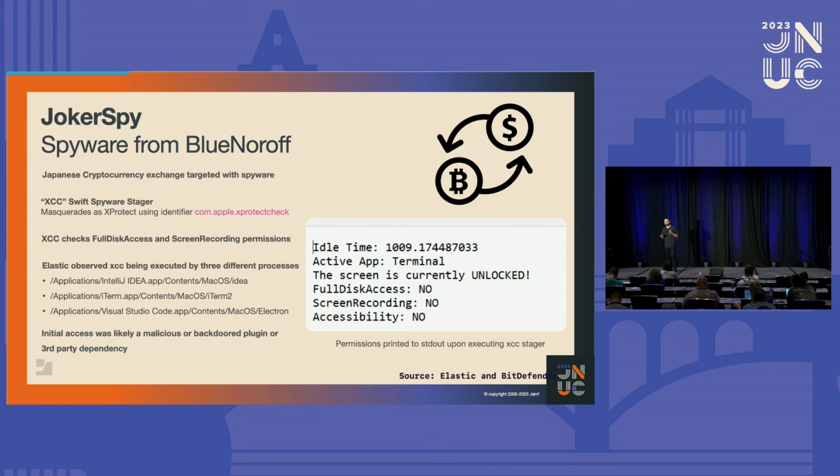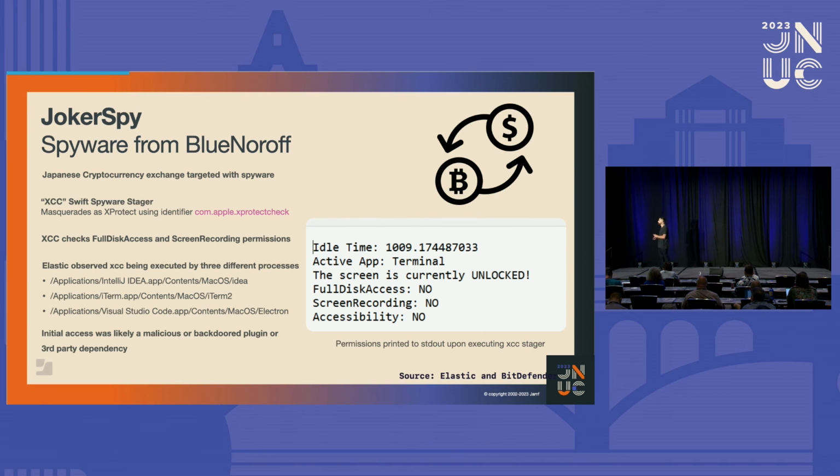And a stager is essentially a small executable that is an initial payload. And that initial payload is used to get larger and more capable payloads from the command and control server. So in this case, it checks for full disk access and screen recording permissions, and if you decide to run this from within your terminal, it actually prints that out into standard out, so you can see the permissions that the malware has in that environment.